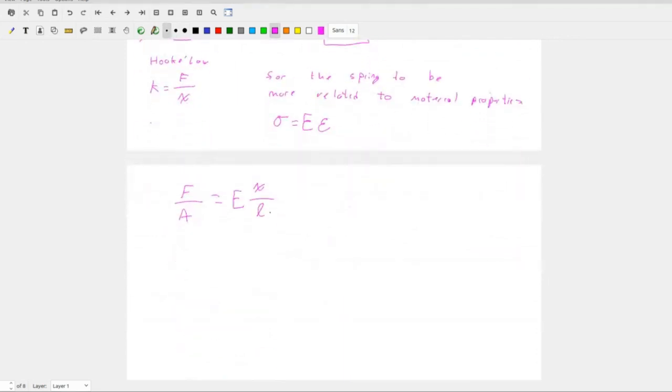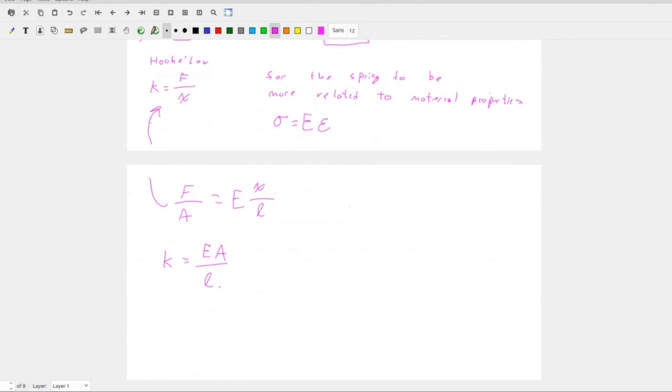X over L. So we can rearrange these terms to get back into Hooke's law, right? So we can end up with K is equal to EA over L. Right? So this quickly becomes a stiffness that we can solve for our rod. Does that make sense?